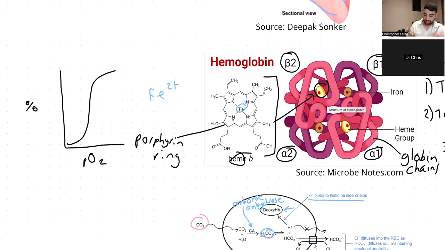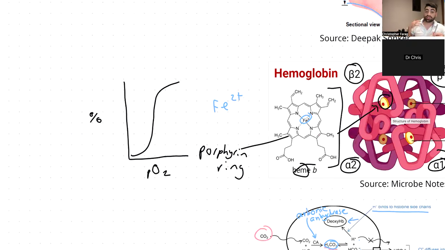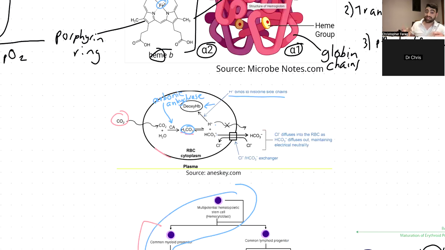Red blood cells are also important for transporting carbon dioxide. Now, as I said, most of our carbon dioxide is actually independent of this process and travels in the bloodstream by bicarbonate, HCO3-. However, there's also a minor role via binding with hemoglobin to form a carbamino compound or carboxyhemoglobin.